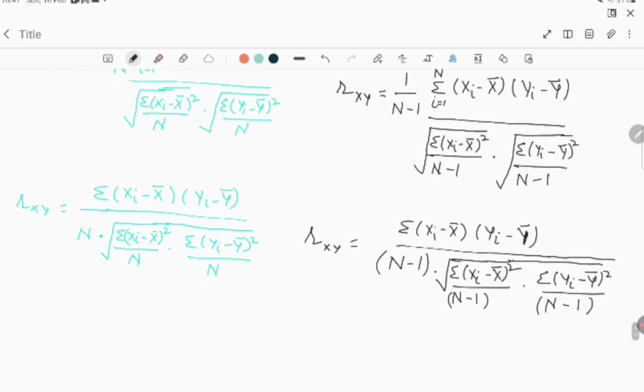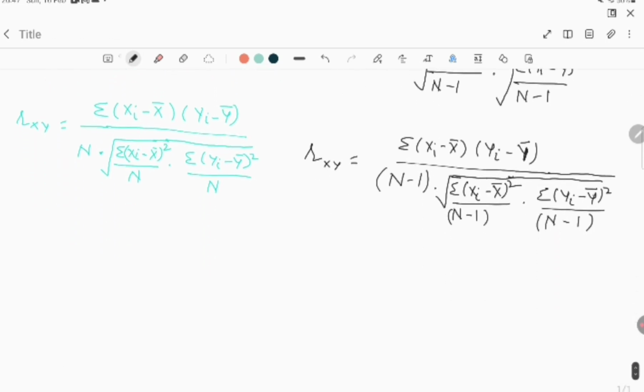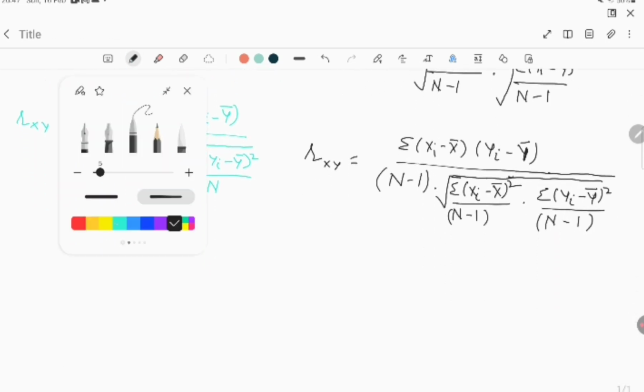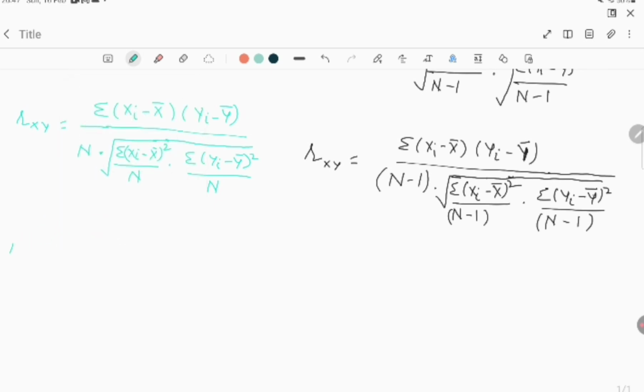So if we take it out from under the root, r xy is equal to summation, where we write xi minus x bar as small x and yi minus y bar as small y, divided by n.